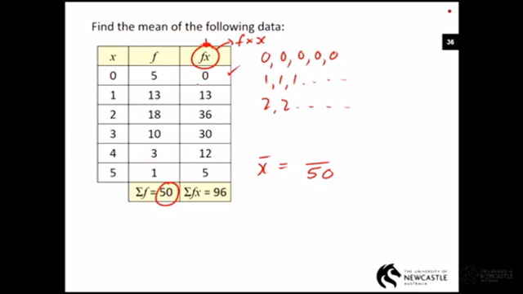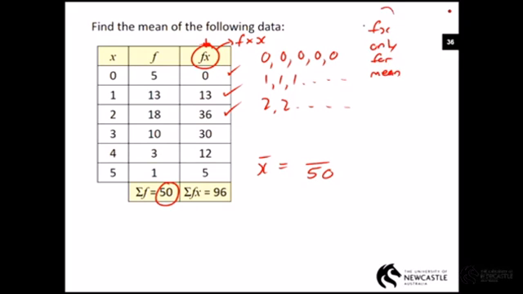If I want to sum up 13 ones, they're going to add up to 13, 1 by 13. If I want to add up 18 twos, they're going to add up to give 2 lots of 18, which is 36. So all the fx column does, and all we ever use it for, is to help us find the mean. So fx is only for the mean.